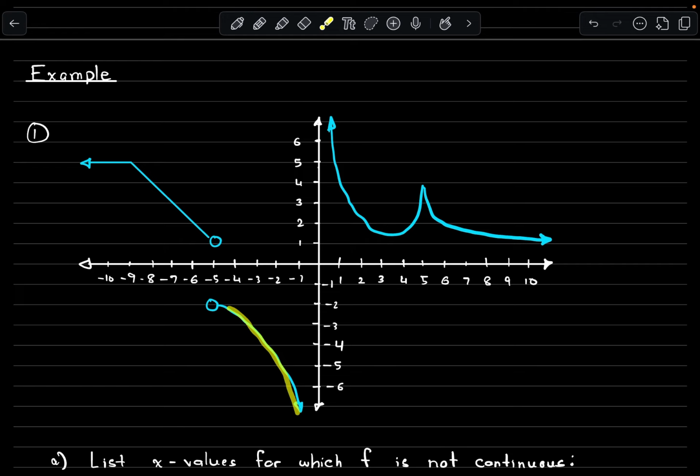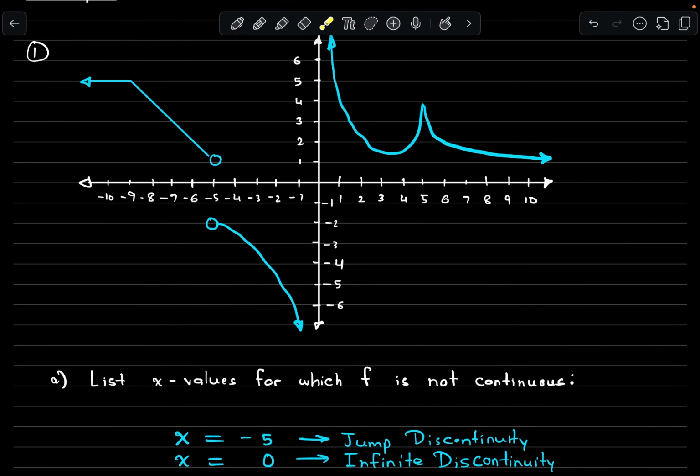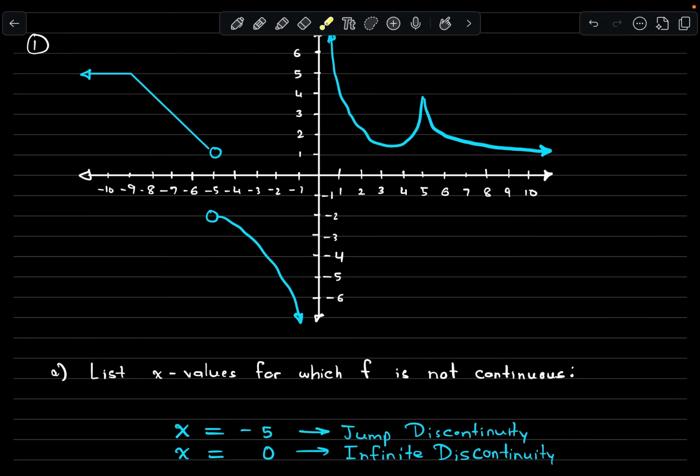And for an infinite discontinuity, your function's going in two different directions near that point, so that's just not going to be able to be fixed. So we've got a jump discontinuity at x equals -5. We've got an infinite discontinuity at x equals 0.